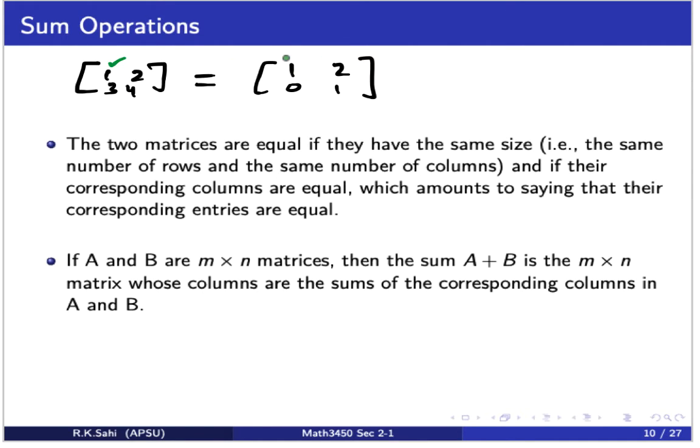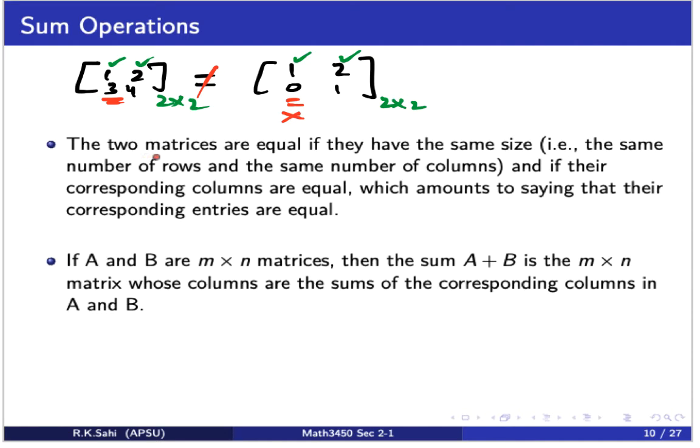The sizes are the same: first of all, it's a 2 by 2 and a 2 by 2, so we're good to go. And then we look at every element. Equal means everything on the left-hand side should mirror everything on the right-hand side. So 2 and 2, that's also the same. But this element is 3, in the second row, first column, and there is a 0. Nope. These two are not the same. So that means these two matrices are not equal.